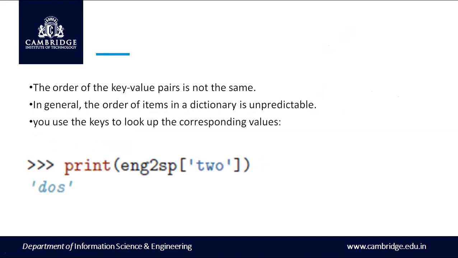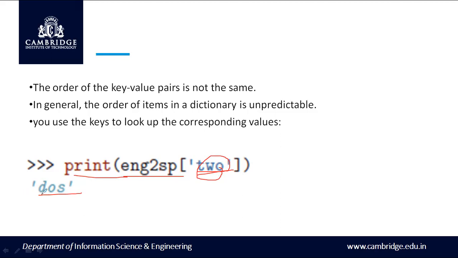So you use the keys to look up the corresponding values. In this example, I want to know what the value is for the key 2. So in the statement, it is like print the dictionary value of the key, that is 2. You can see the output being displayed.